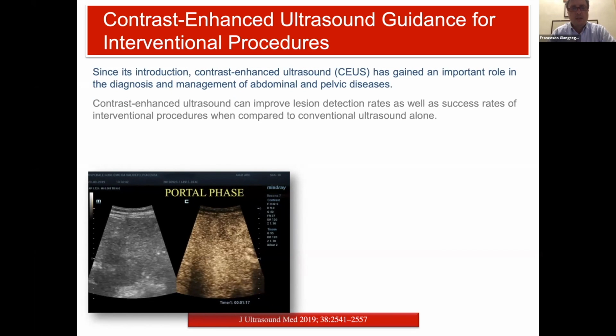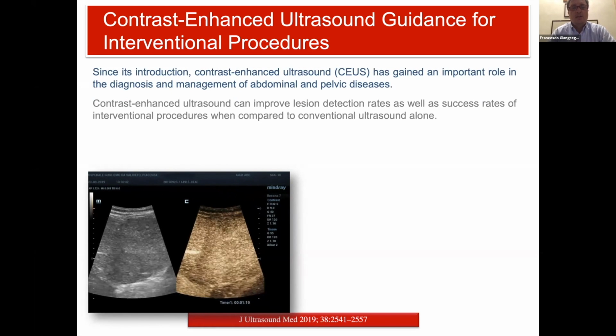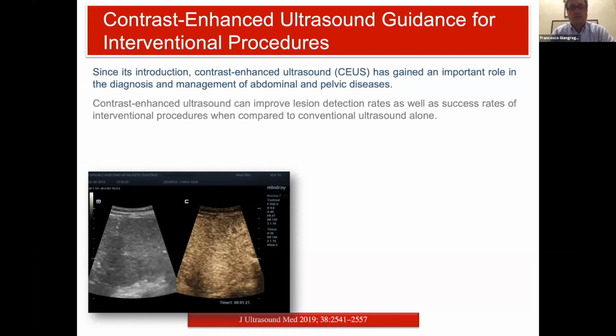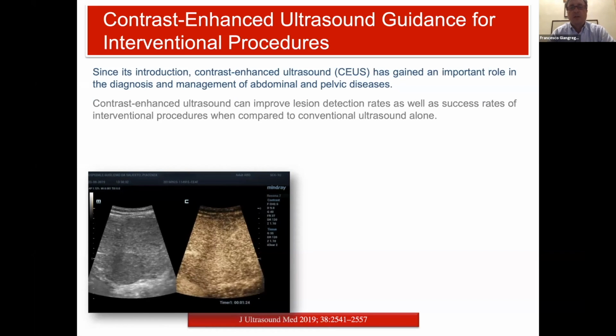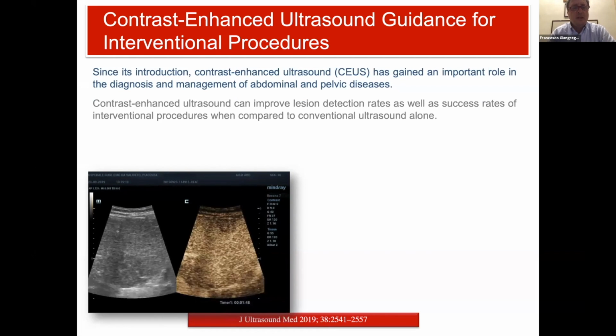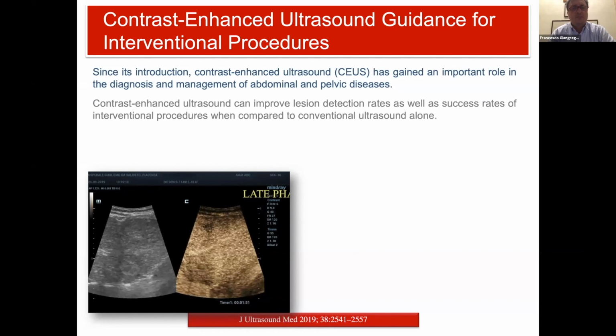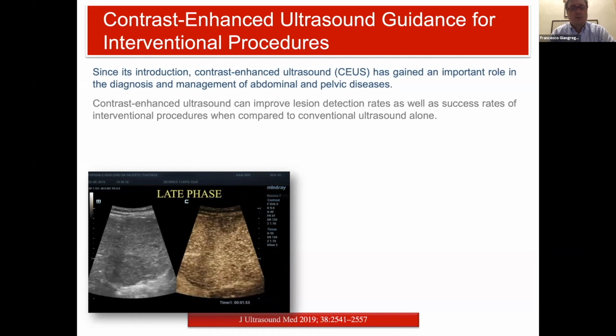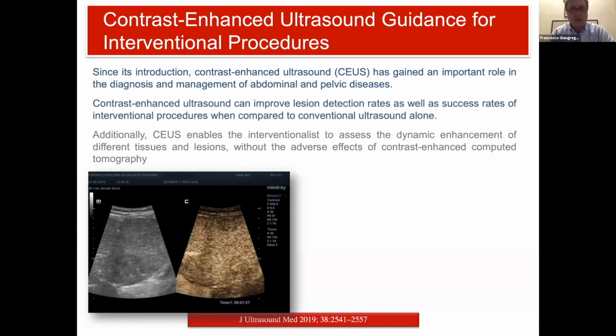But contrast enhanced US can also improve lesion detection rate and can also help in interventional procedures much more than conventional US alone.